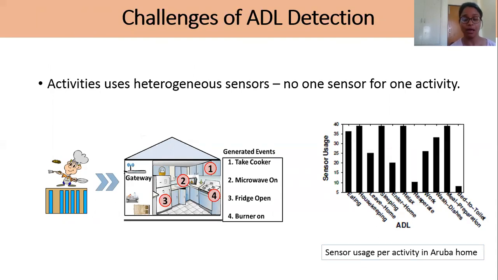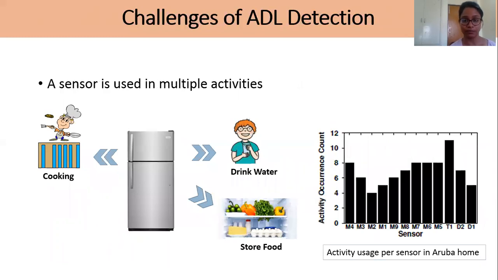At the same time, one sensor can be associated with many activities. If you see here, the fridge is also used for cooking, drinking water, and storing food. The activity usage per sensor is really high. So that is challenging, since there is no dedicated sensor for one activity.